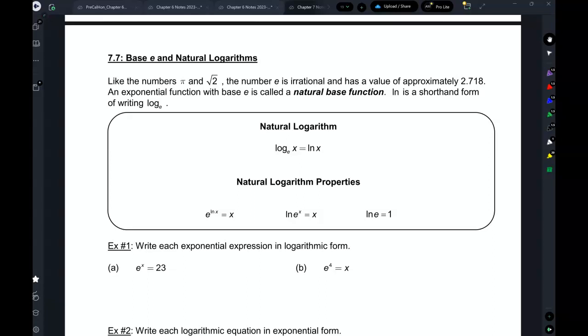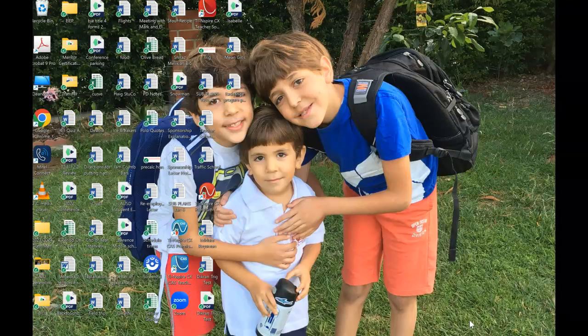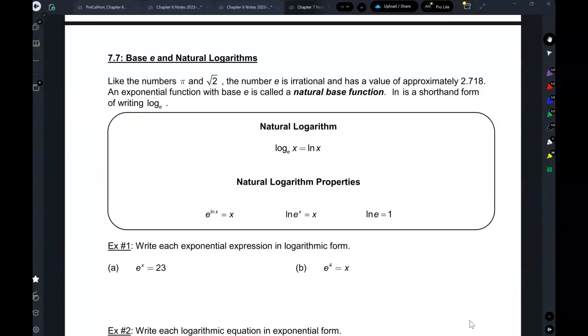Now, there is another special situation when it comes to bases, and that is base e. We've come across a constant like pi, right?